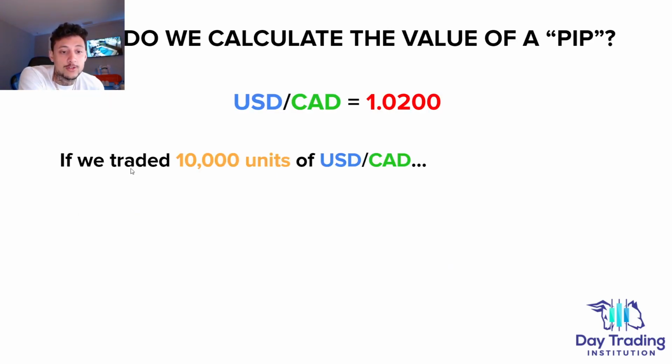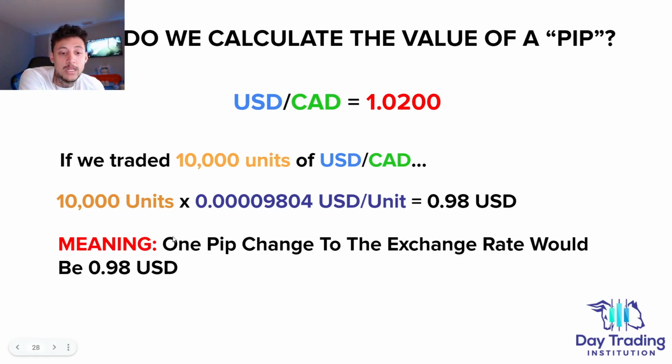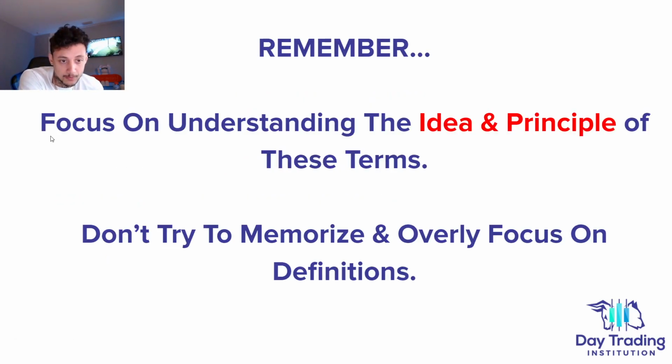So if we traded 10,000 units of USD CAD at the current exchange rate of 1.0200, then 10,000 units times 0.00009804 USD per unit is going to cost us 98 cents. That's what we're going to be quoted, meaning a 1 pip change to the exchange rate would be 98 cents.